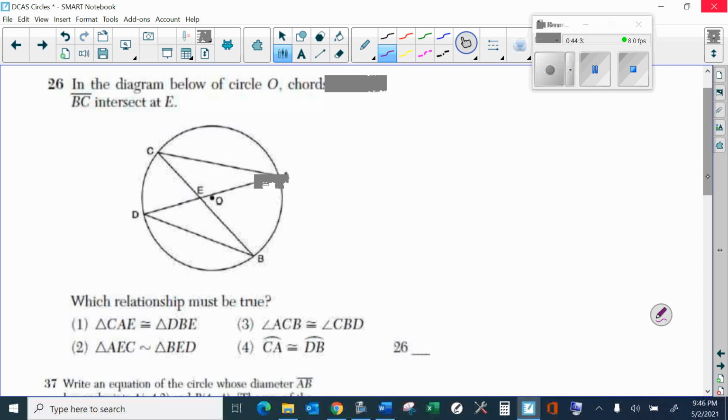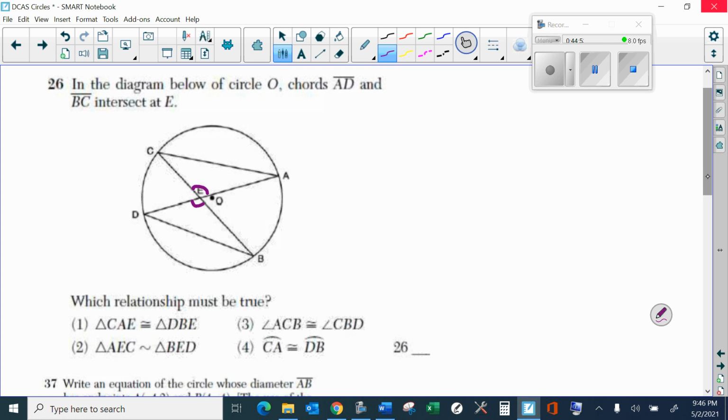Okay, chords AD and BC intersect at E. Which relationship must be true? There's no, that's not congruent to that.